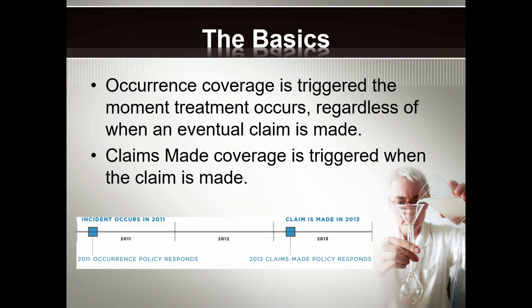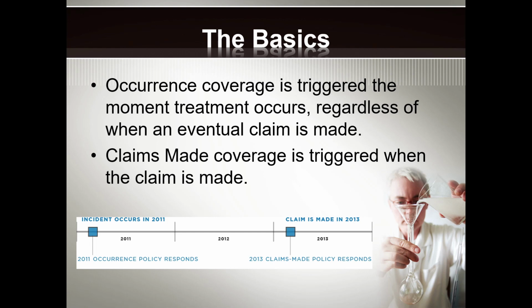So if I'm looking at this example on the screen, we have a policy, and let's say we're now in 2013, and a claim is made on an incident that happened in 2011. Let me put some numbers on here so we can understand it.